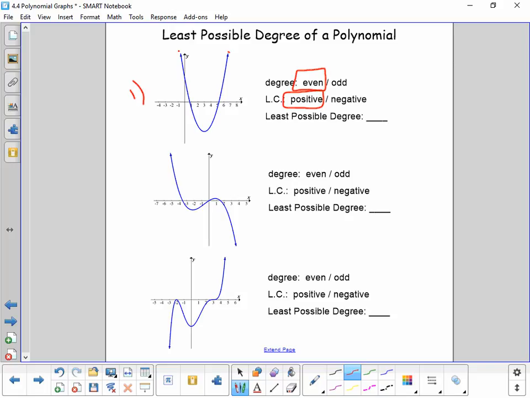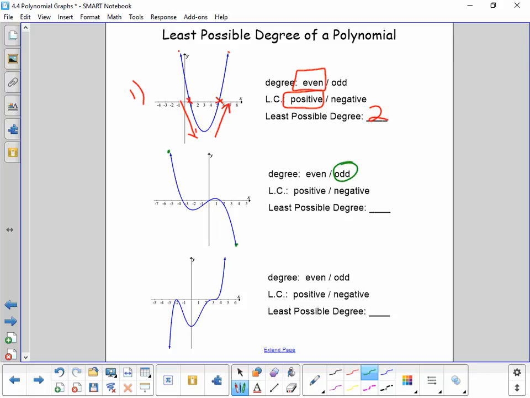And the least possible degree, well, it has two intercepts, so it's got to be at least a degree 2 polynomial. It also starts by decreasing and then turns around and increases. That also tells me that it's degree 2. For the next function, the two ends are doing different things, so this is an odd polynomial.